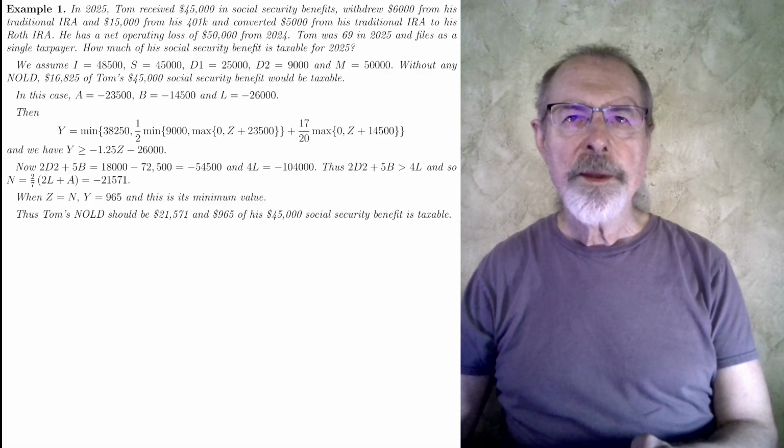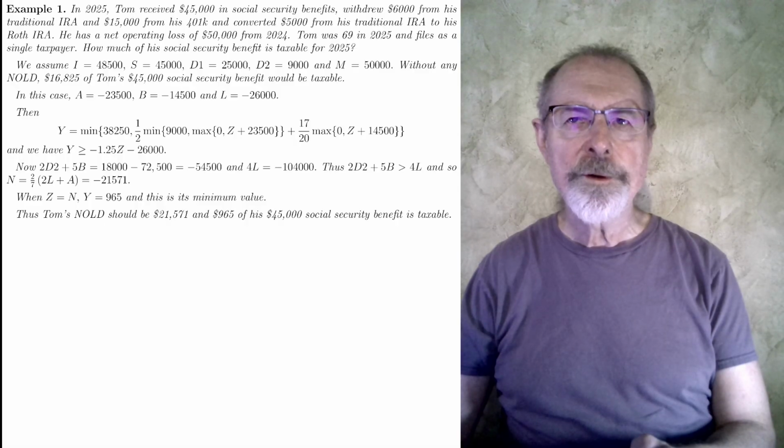Well, if I take half of his $45,000 benefit and I add his other income sources, I get $48,500. His Social Security benefit was $45,000. D1 was $25,000, D2 was $9,000, and M, which is the amount of his NOL carryover, was $50,000.